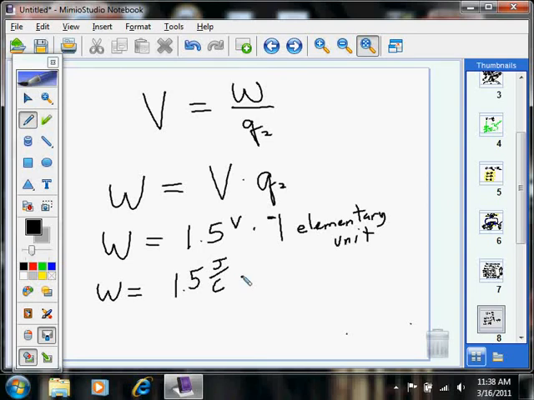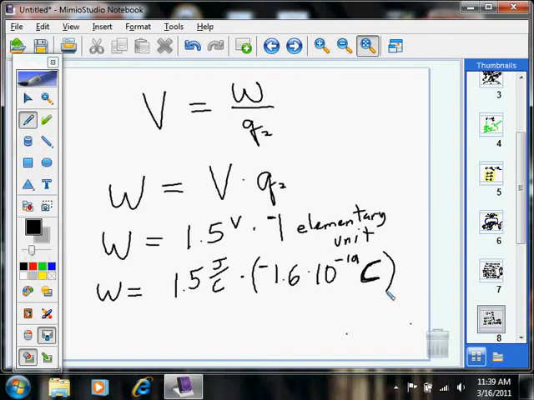Rami? Excellent memory. We're supposed to memorize that? No, you would be given that. But if you use it enough, it sticks with you. So the electron is a small, tiny little piece of the big coulomb.